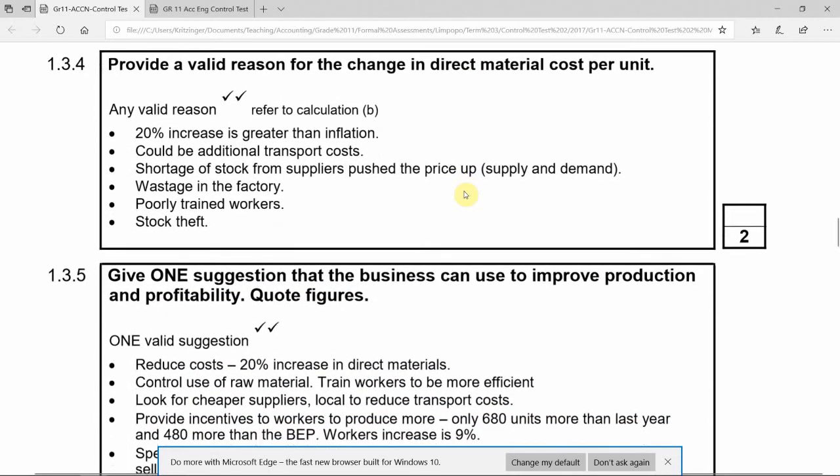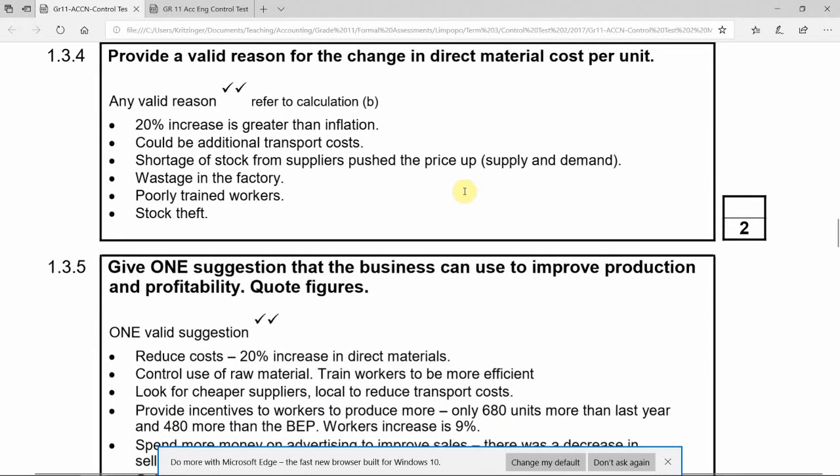It wants to actually address what we said to an extent in 1.3.4, because we said that the increase is 20%, that is bigger than inflation, where now we say, okay, well, we have to reduce the costs as there was a 20% increase in direct materials. And then remember we said there's a wastage in the factory, so to address that we can say control the use of the raw material, train workers to be more efficient and waste less.